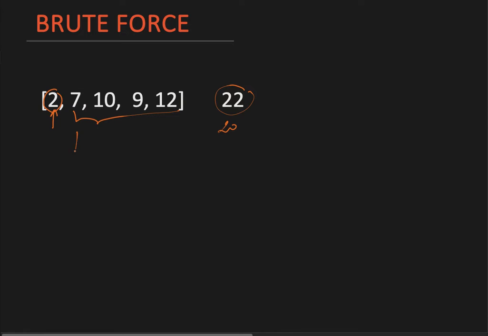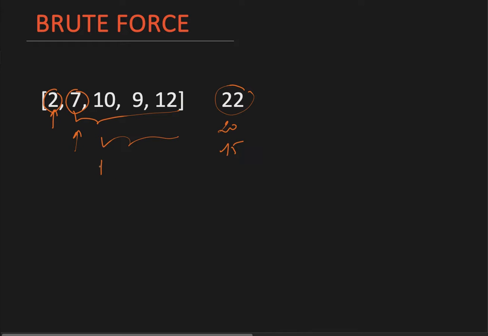So now I need to move to the next number, that is 7. And then from 20, I subtract 7, it's 13. Now I need to find 13 in the rest of my subarray. Is there a 13 here? 10 is not equal to 13, 9 is not equal to 13, 12 is not equal to 13.